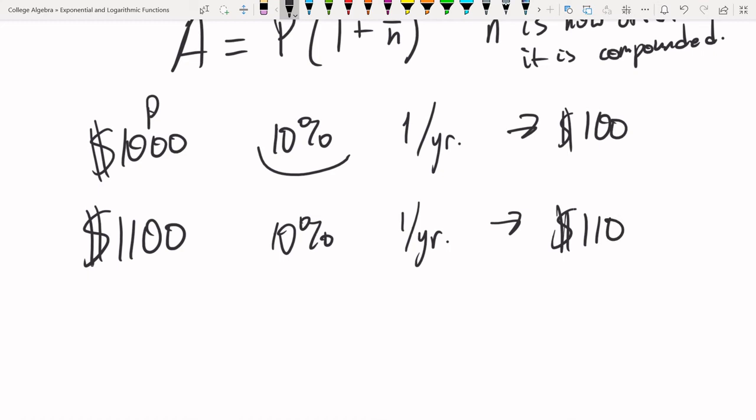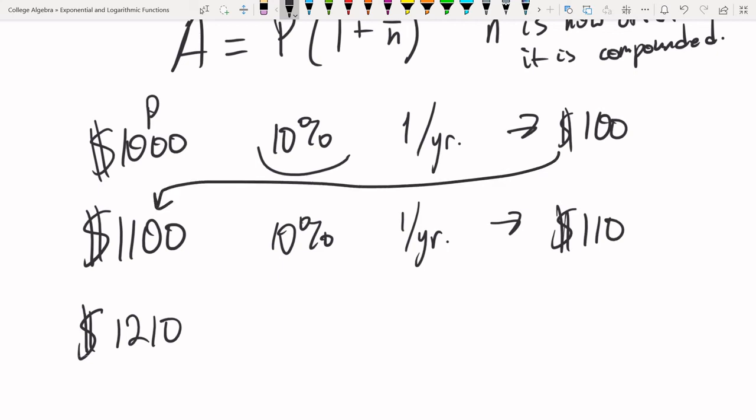Now we start the third year with $1,210, and so on and so forth. We keep compounding. So the compounding, how often it compounds, is when you put this into the new principal and you have a new starting amount. Hopefully that makes sense.